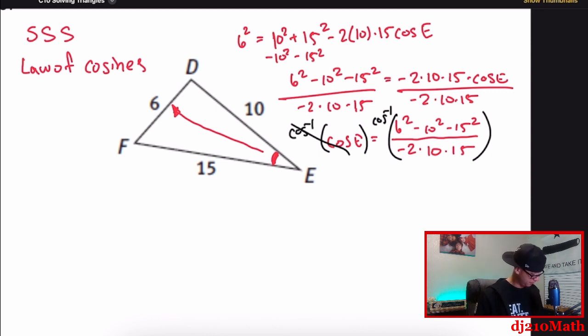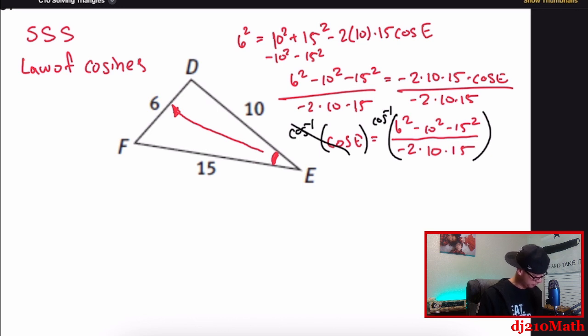And then to the calculator. Cosine inverse, 6 squared minus 10 squared minus 15 squared, divided by negative 2 times 10 times 15. If you do minus 2, you'll get an error.